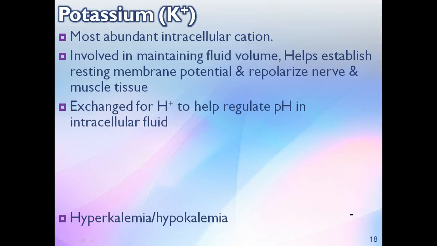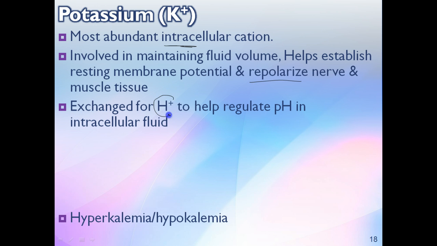Potassium is the next big guy out there, very important. Potassium is arguably the most abundant intracellular cation, so we're going inside the cell on this one. Potassium has a variety of important functions, some of which you should already be familiar with, as we saw its use in establishing the resting membrane potential in A&P 1, and then how it was used to exclusively repolarize nerve and muscle cells.